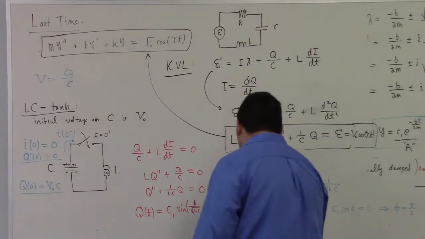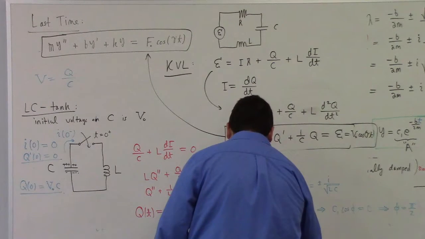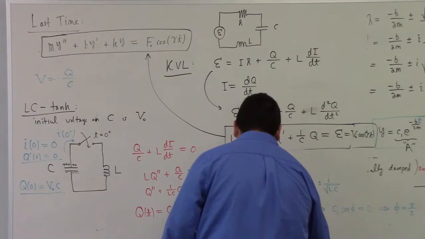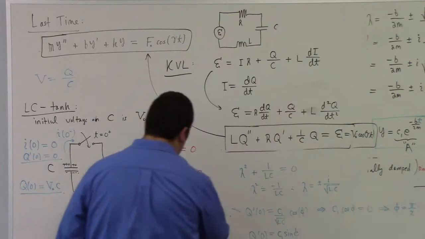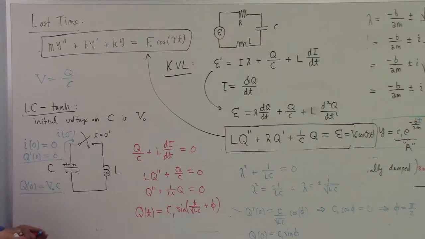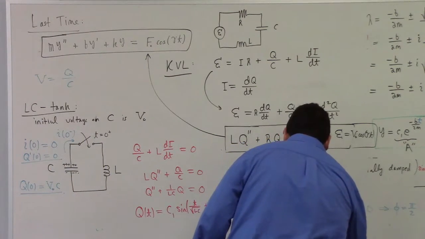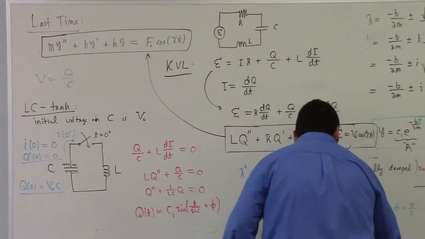And then with Q of 0, well, Q of 0 is C1 sine of phi, right? Plug in 0 here, you get C1 sine phi. But phi is pi over 2, we just learned that, so that's just C1. And C1 is equal to V naught C. So there you go.